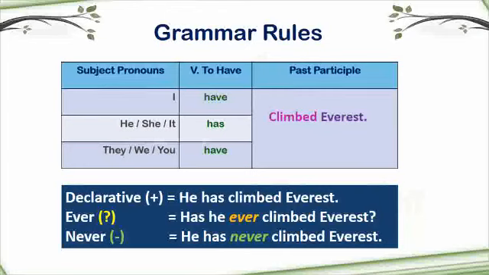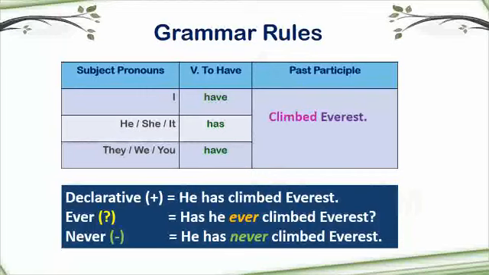Let's see examples of how we use verb have with the declarative sentence, the affirmative sentence, okay? We say, he has climbed Everest. He is the subject, has is the present form of the verb have, climbed is the past participle of the verb climb, and Everest is a complement or whatever. Has he ever climbed Everest?